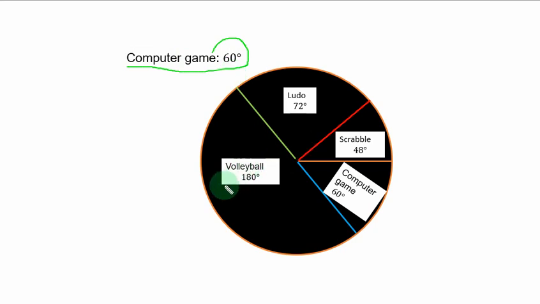After drawing this sector, the remaining part, if you measure it, and if all other measurements were very correct, this last sector should be 60 degrees. So this is how a pie chart is constructed.